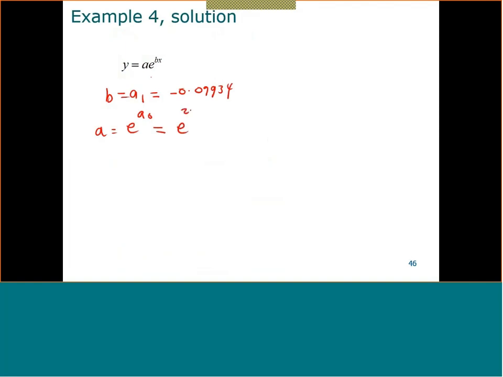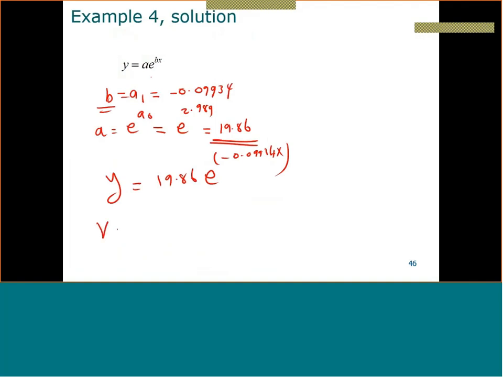So your y is equal to 19.86 e to the power of minus 0.09934 x. To be more realistic, V is equal to 19.86 e to the power of minus 0.0994 times t. This is the exponential function of the decaying of your capacitor.